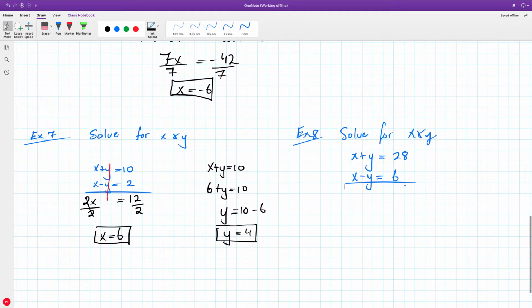Off we go. X plus y is equal to 28. X minus y is 6.